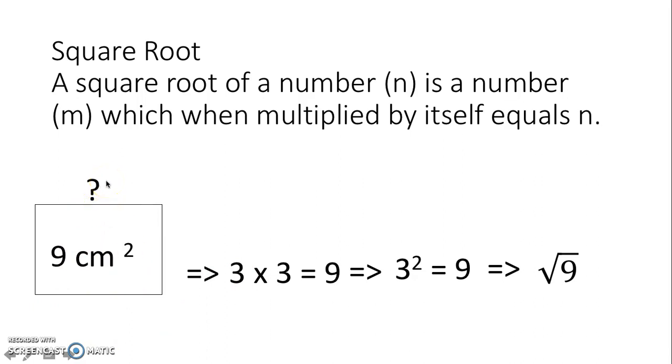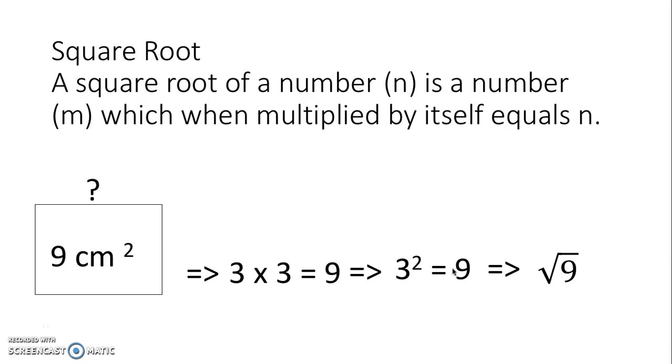To find area, it's length times width, or side times side, however you want to think about it. So we ask ourselves, what times what, the same number, equals 9? We know that 3 times 3 equals 9. So we can write that as 3 times 3 equals 9, which is right here. And we can rewrite that by saying 3 squared equals 9.